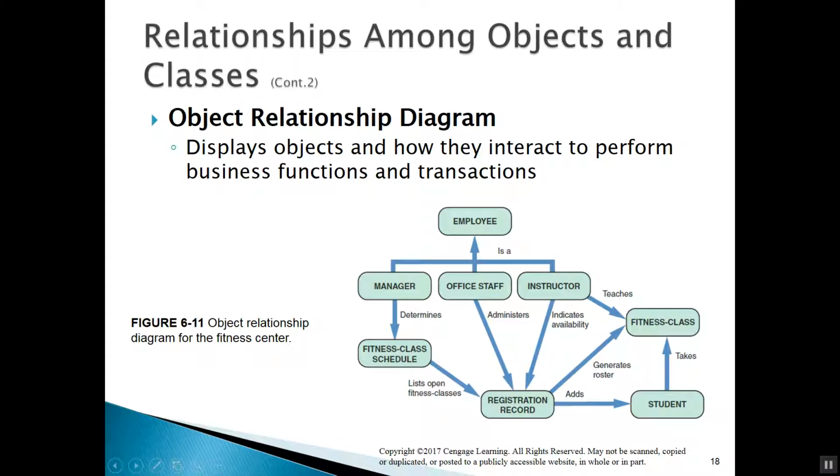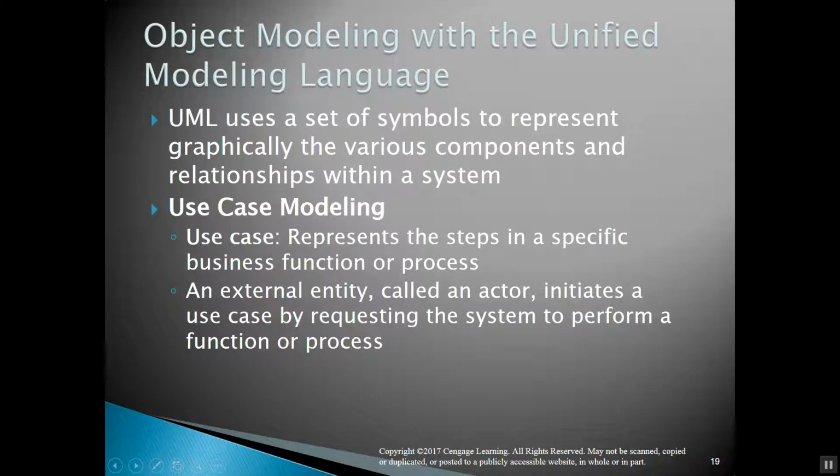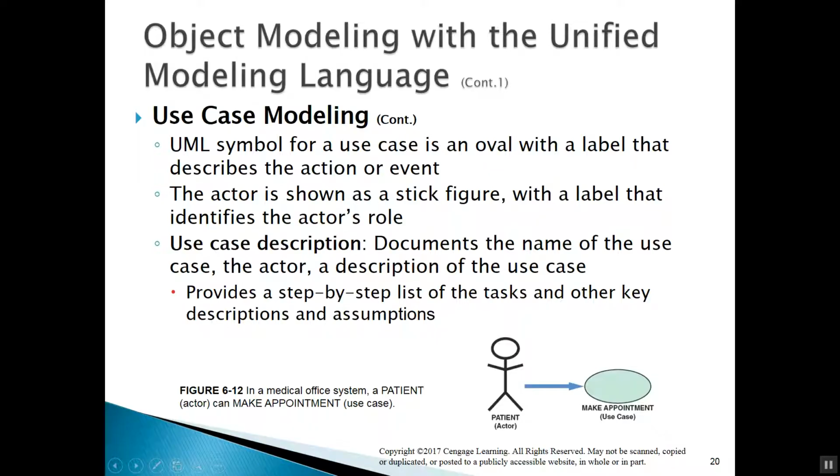And here's an object relationship diagram. So UML uses a set of symbols to represent graphically the various components and relationships within a system. So here's a patient, here's a message.